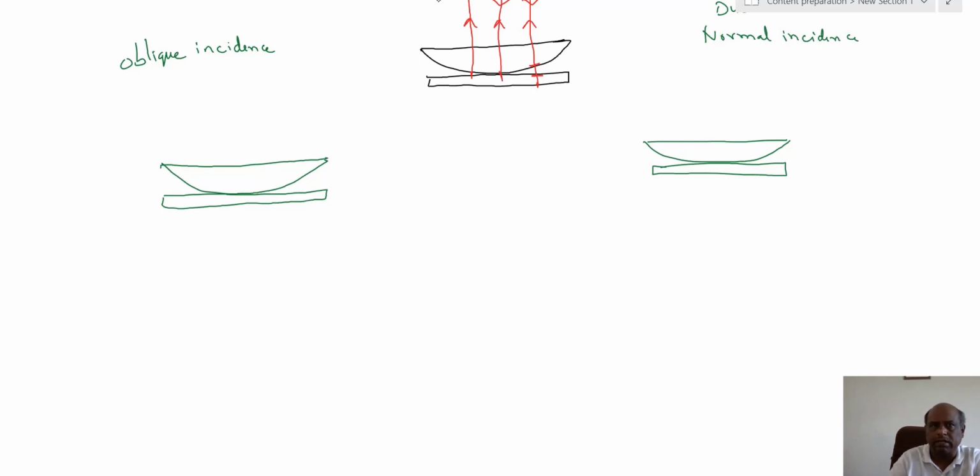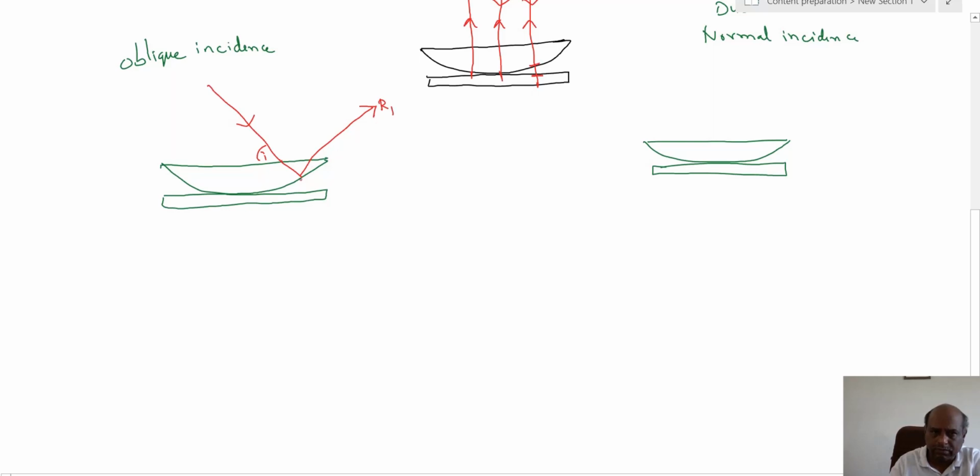So what is happening here is a ray of light is falling with an oblique incidence of i. It is moving from air to glass, undergoing some bending, refraction. From the upper surface, it will undergo reflection and we will get R1.